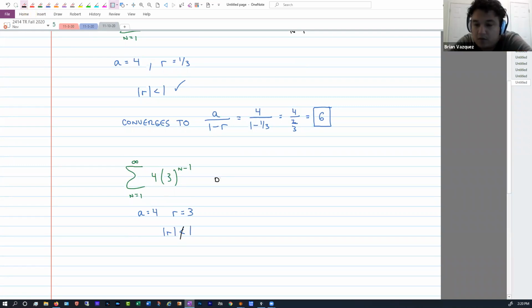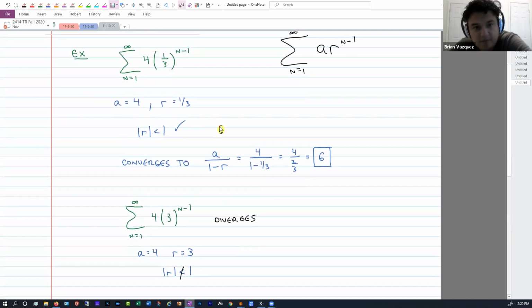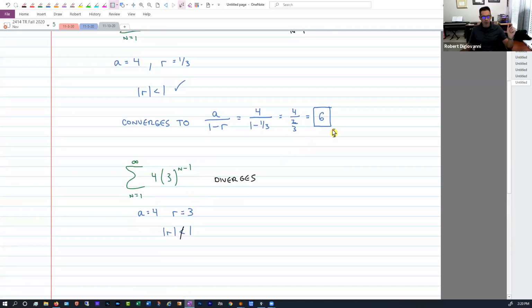Divergence. Does it seem okay? How do we know it's not smaller than 1? R is 3, right?